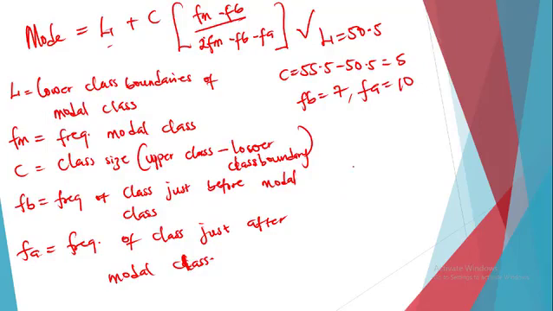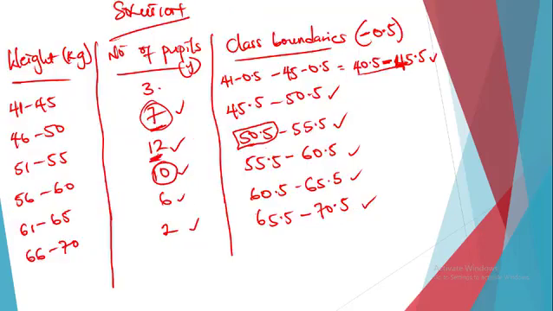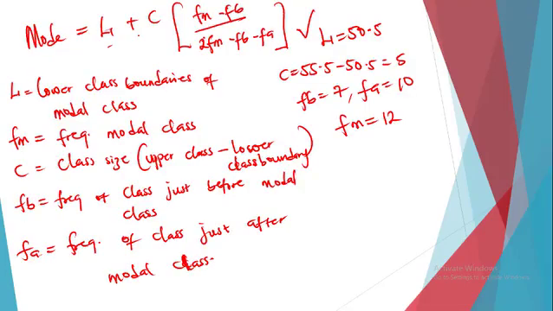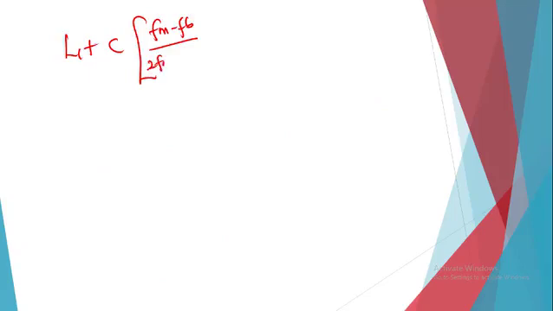We've now gotten all the values required. Our FM is the frequency of the modal class, which is 12. So our FM is equal to 12. We then apply it in this formula. We have L1 plus C into Fm minus Fb all over 2Fm minus Fb minus Fa.